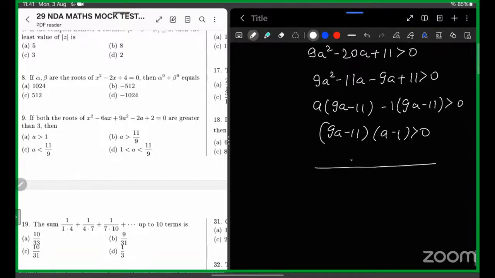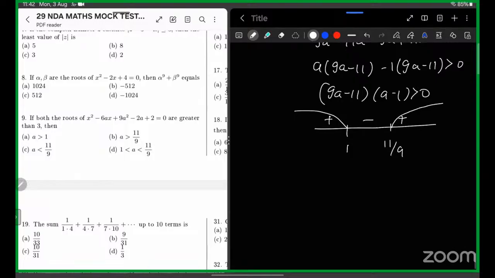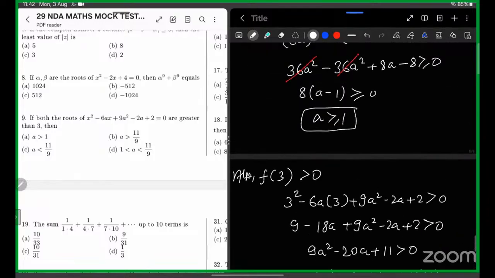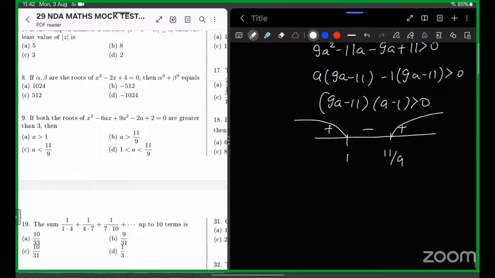So if I put these values on number line, I'm going to get this is 1 and this is 11 upon 9. So if I put the value of positive, negative, positive, I need greater value. So yes, this value and this value. And earlier when I had solved the first part, there I got a must be greater than or equal to 1.